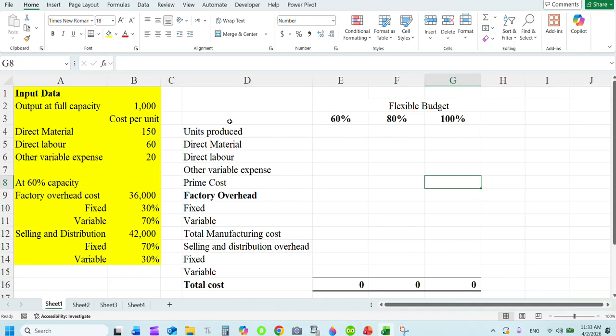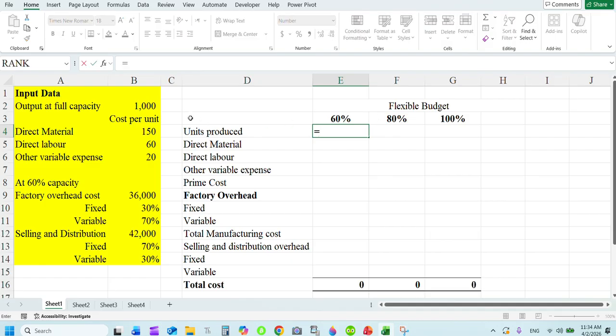So this is my very simple budget. You can easily tackle this kind of question if it comes to exam. Let's put units produced. If you are operating at 60%, how many units will you produce?